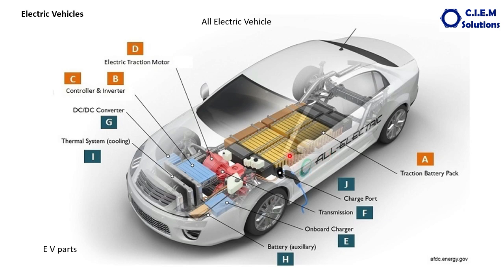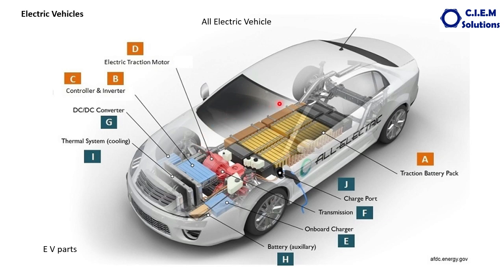The third one is the hybrid electric vehicle. The fourth one is the fuel cell electric vehicle. So for easy understanding and clarity of how an electric vehicle functions, let us discuss only the all electric vehicle.